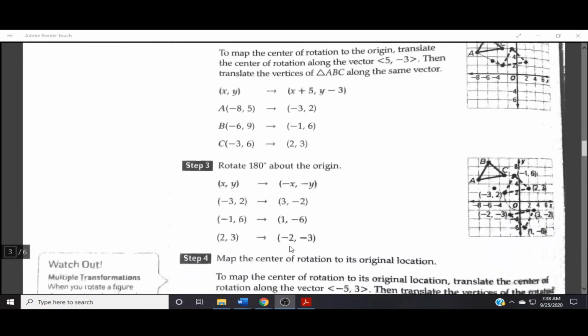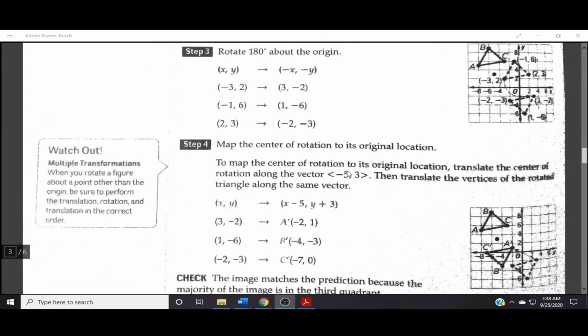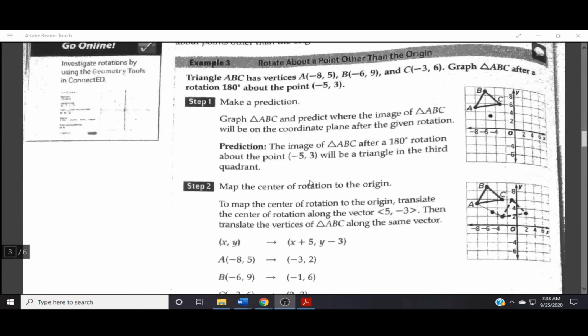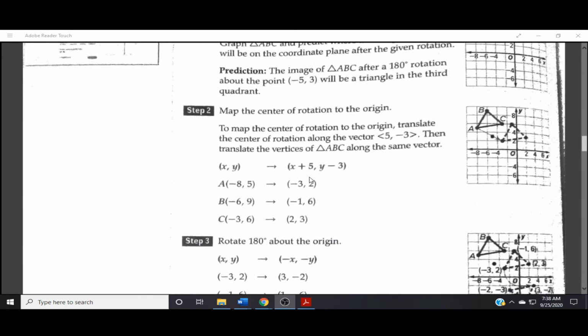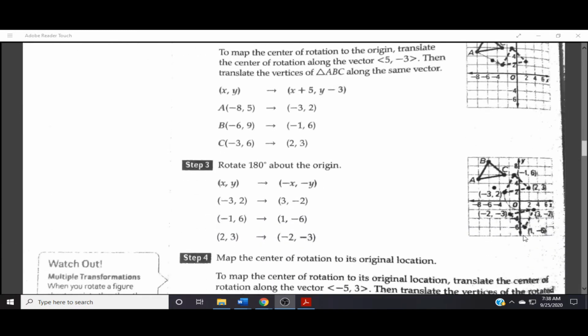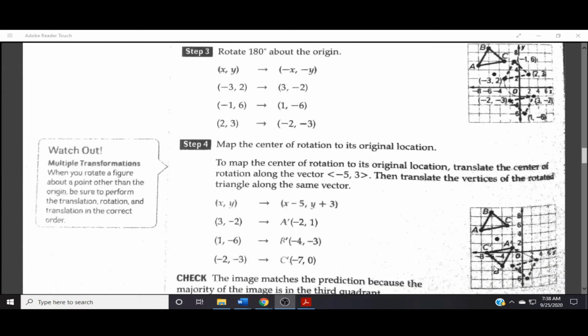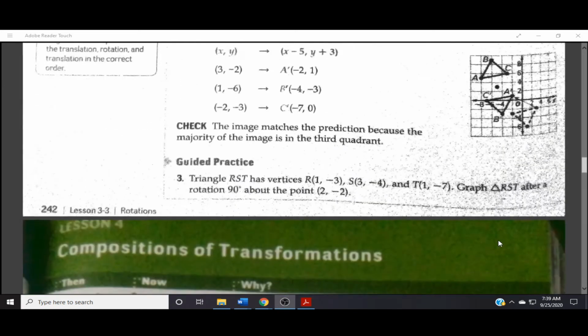And why do they do both of these translations? The first one is to get it centered. The second movement is to make sure it's the same distance from the point given.